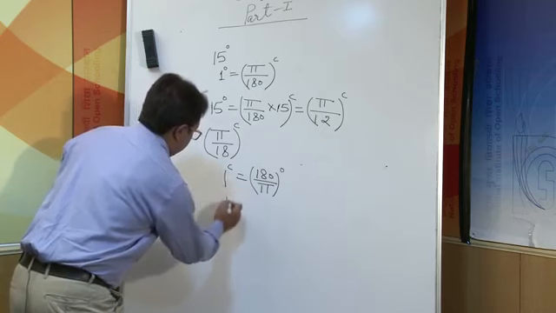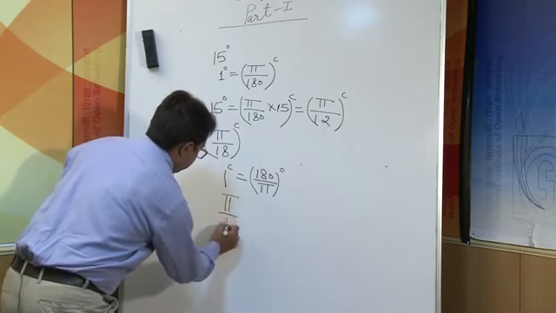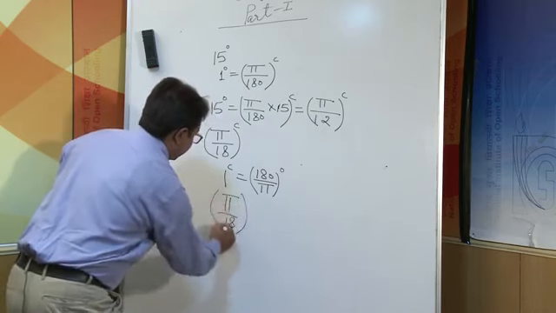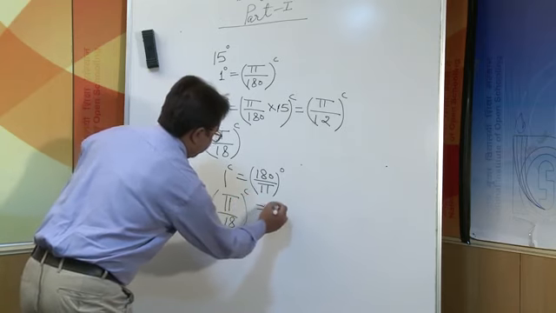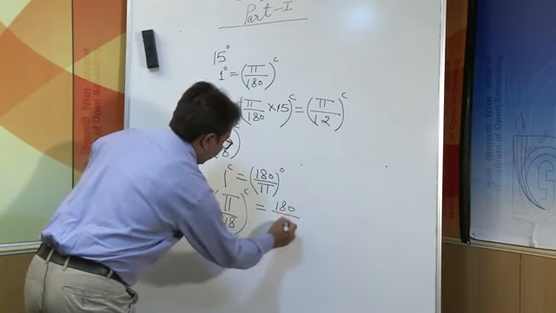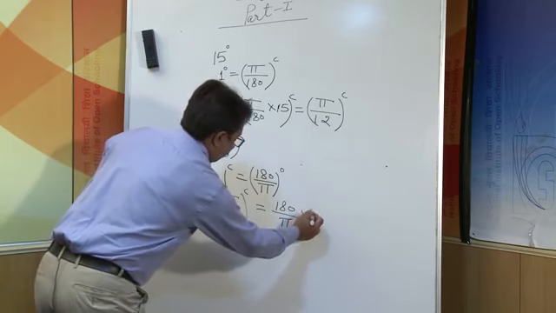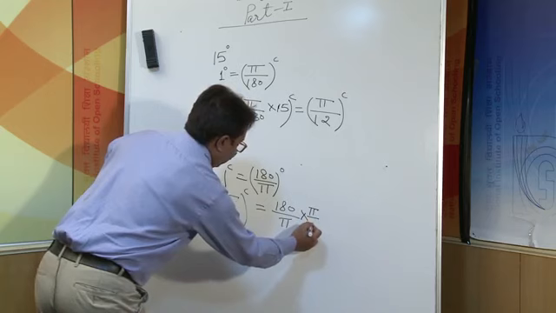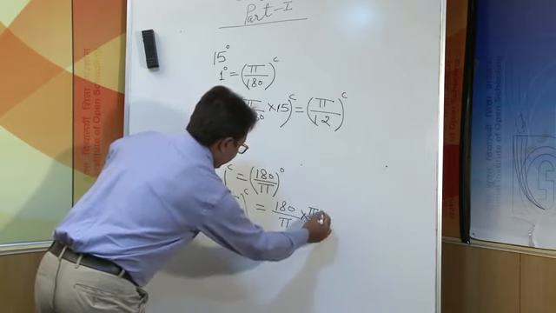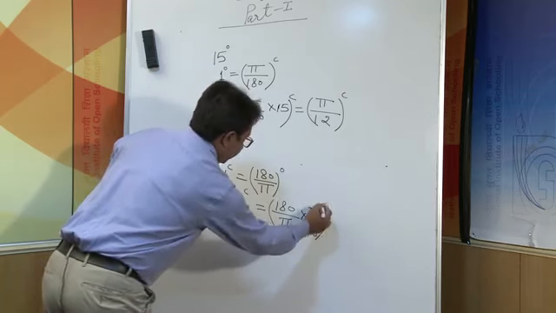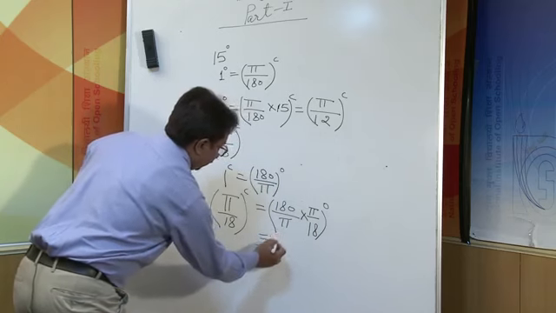So, now pi upon 18 radians becomes 180 upon pi into pi upon 18 degrees, finally which becomes 10 degree.